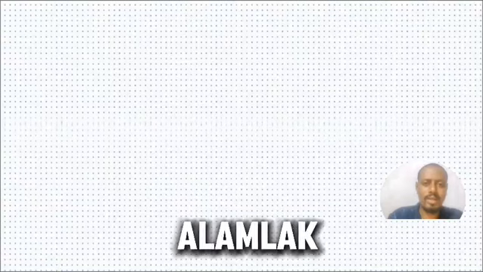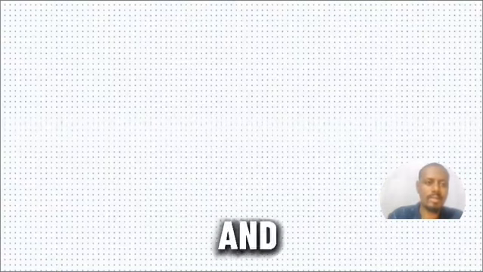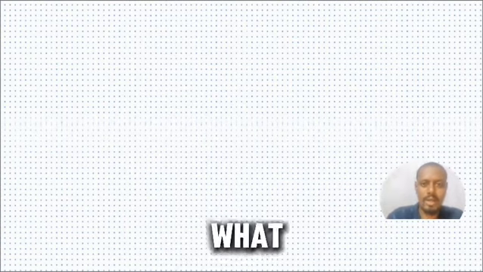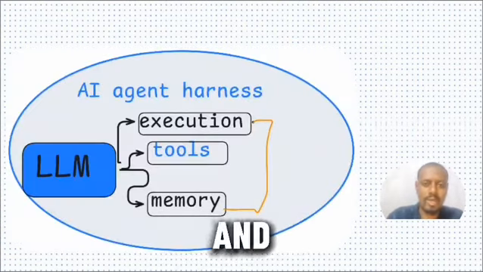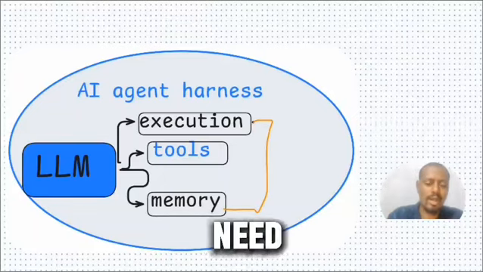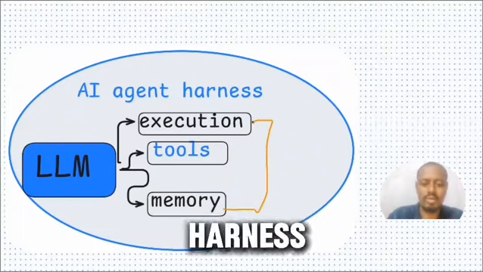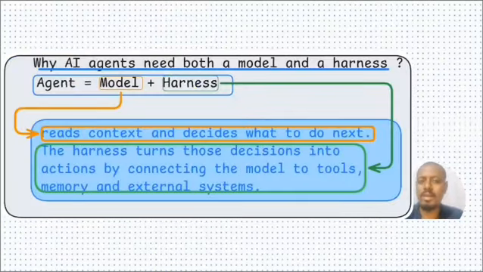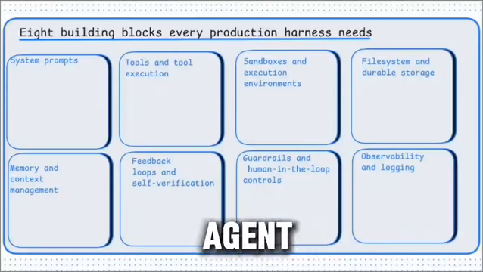This is Salam Lak, and I build AI agents and AI systems for business. Today we will discuss what an agent harness is. We will cover the meaning of agent harness, why we need it, and how it works. Agent, model, and harness: what are the differences? The 8 building blocks of a production-ready agent harness.